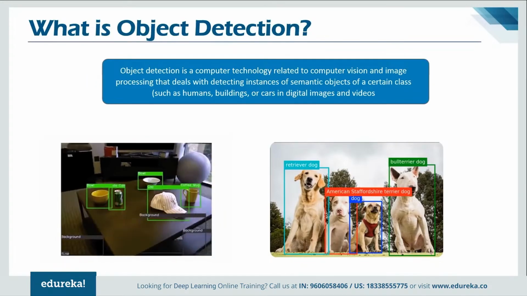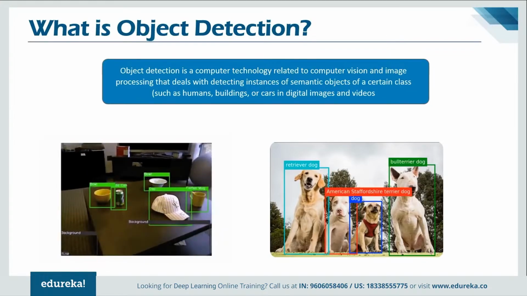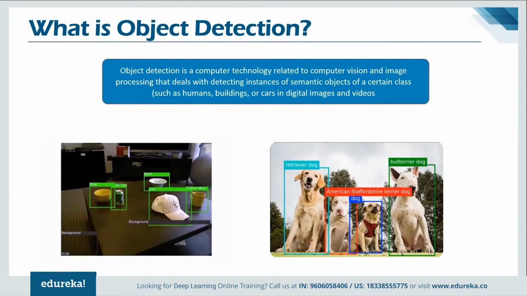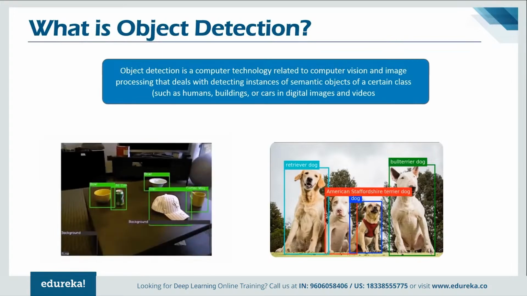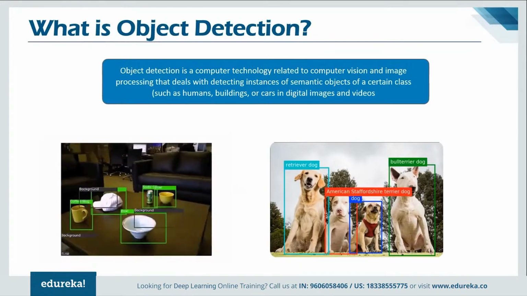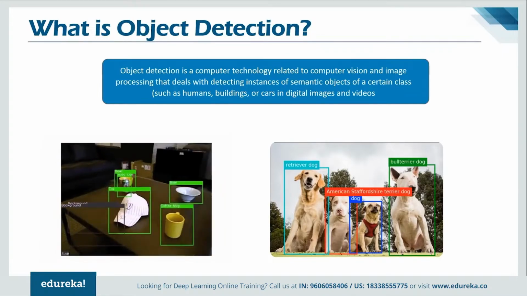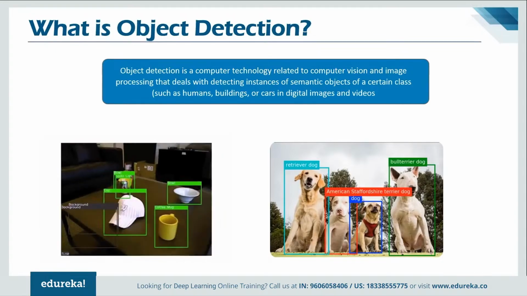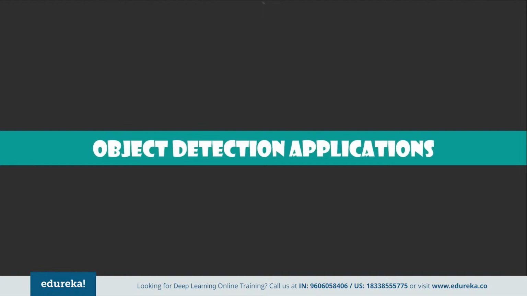Object detection is the process of finding instances of real-world objects such as faces, bicycles, and buildings in images or videos. Now, object detection algorithms typically use extracted features and learning algorithms to recognize instances of an object category. It is commonly used in applications such as image retrieval, security, surveillance, and advanced driver assistance systems, which is known as ADAS.